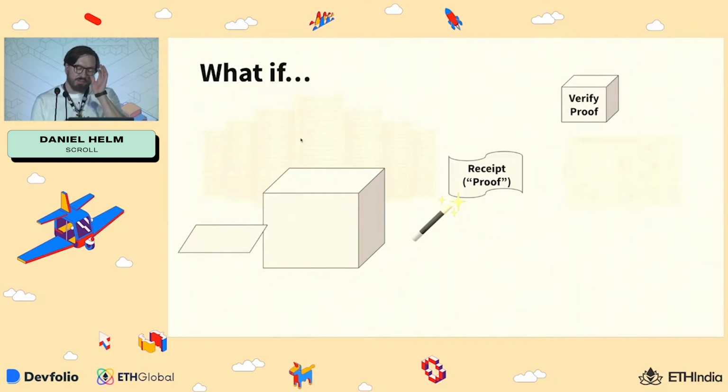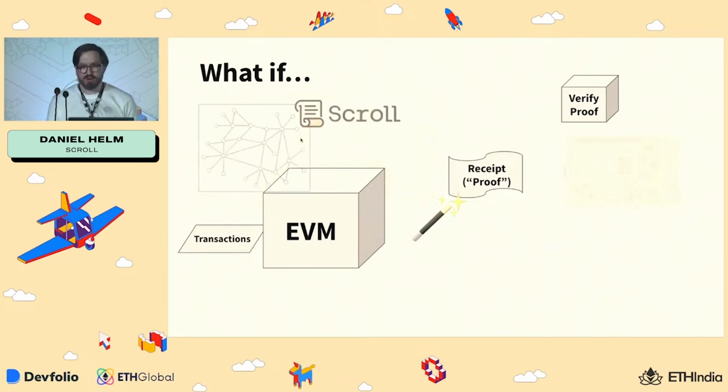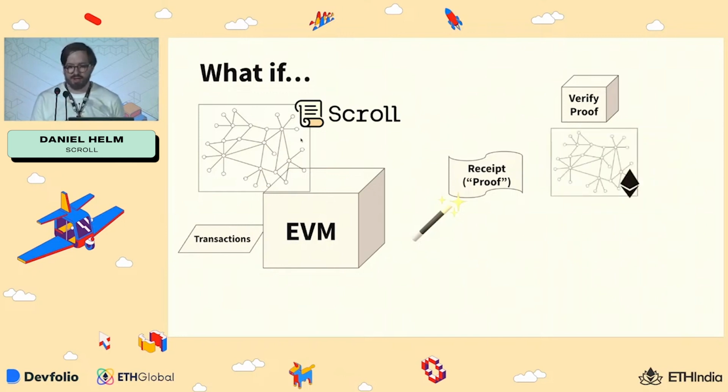Okay, so back to our imagination scene here. Let's kind of specify what this work could be. What if the work being done was the EVM, the Ethereum virtual machine, right? And it was doing work over incoming transactions. And instead of supercomputer, we have a really powerful blockchain network called Scroll, right? It's got a lot of resource requirements, but that's okay because it will output a proof, and that proof won't be verified by a Raspberry Pi, but instead by Ethereum smart contracts, right?